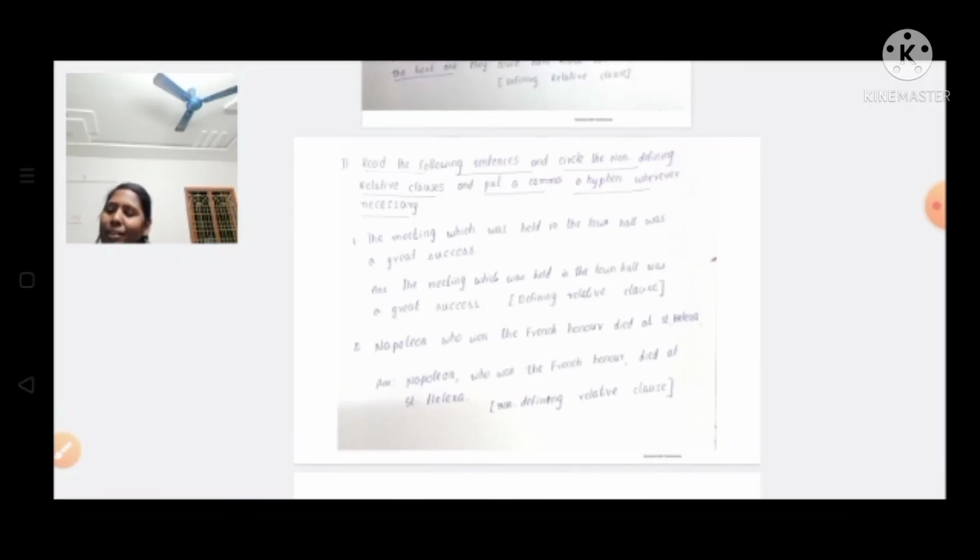The second one: Napoleon, who won the French honor, died at Saint Helena. Okay. Once again: Napoleon, who won the French honor, died at Saint Helena.